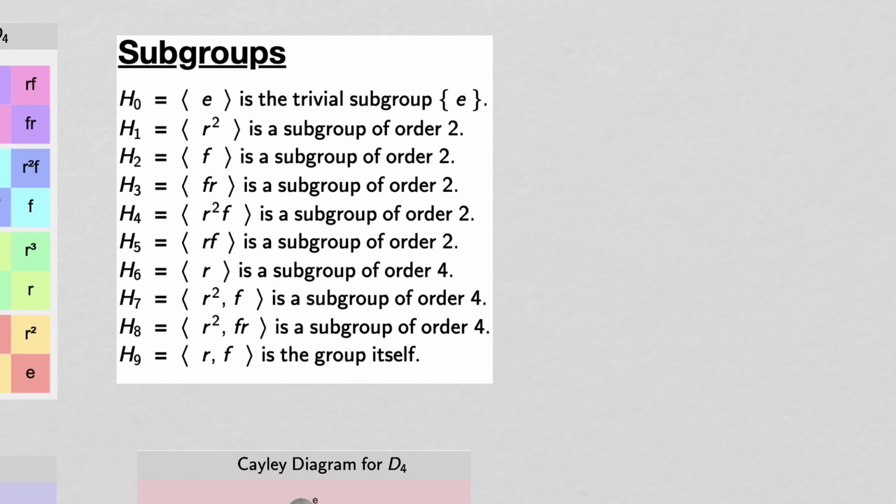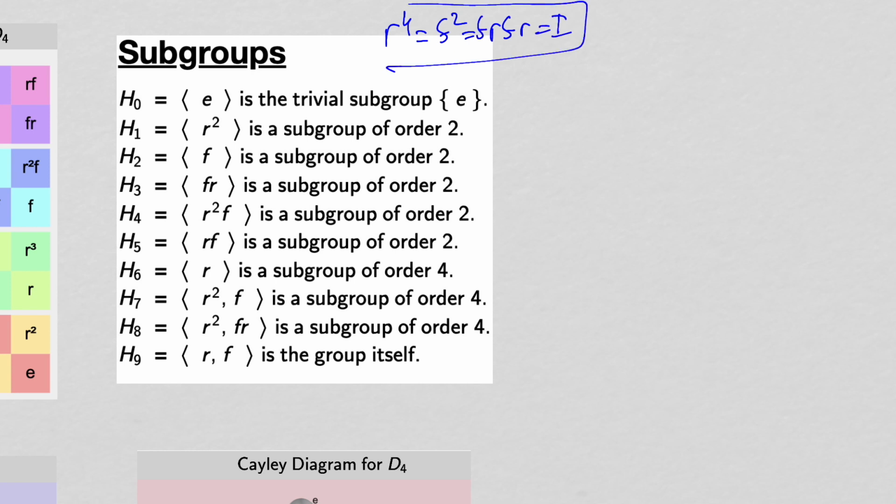So the point is that we are shown all of the subgroups of the group, and they're listed out here with their own presentations. The generators are all that you need to present the subgroups because the relations are still the same. It's always true that R^4 equals F^2 equals (FR)^2 equals I, right?